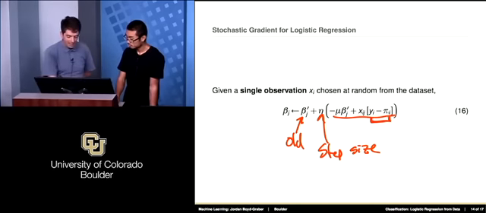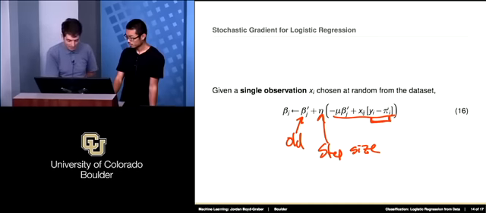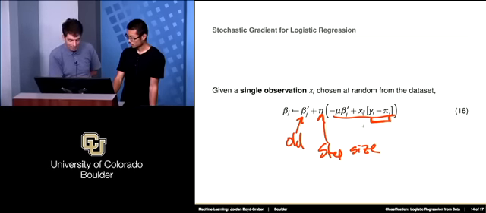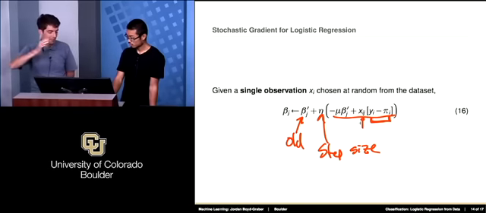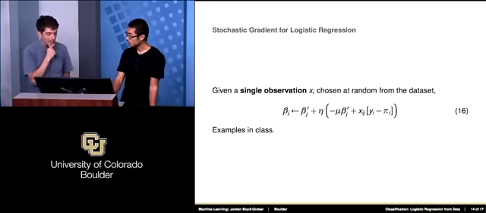If pi I matches, then you really don't change much. And if pi I is very different, then the sign of the feature value tells you which way you should change your parameter. And we'll see a bunch of examples in class.